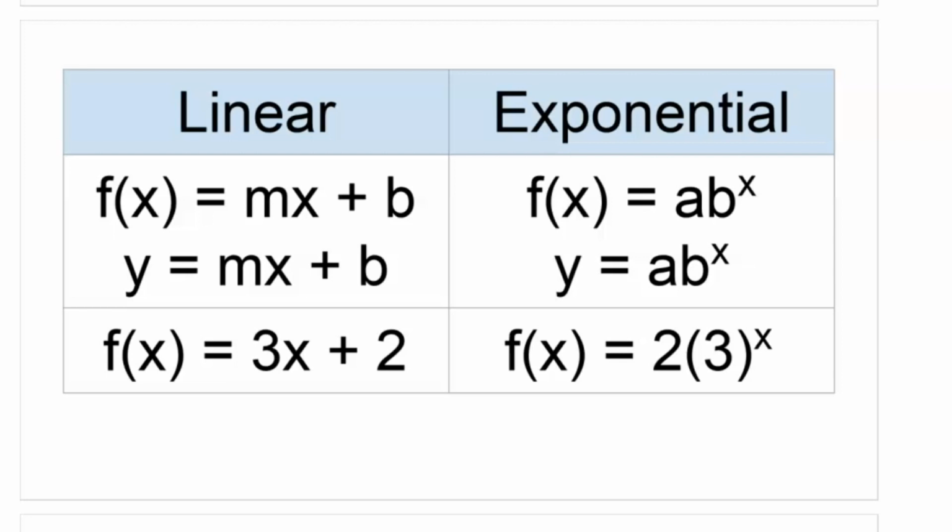And we will talk about what each of those components are. So maybe in linear equations, you remember that m was the slope and b was the y-intercept. So we'll talk about what a and b represent in exponential equations.